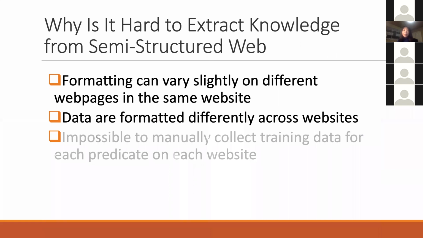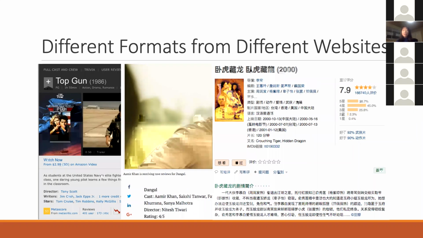And then the next challenge, which is a much bigger challenge, is that on different websites, the data are formatted totally differently. Here are the three examples we saw, and they look so different. It's very hard to imagine we can train one model to collect the information from all of these sources.